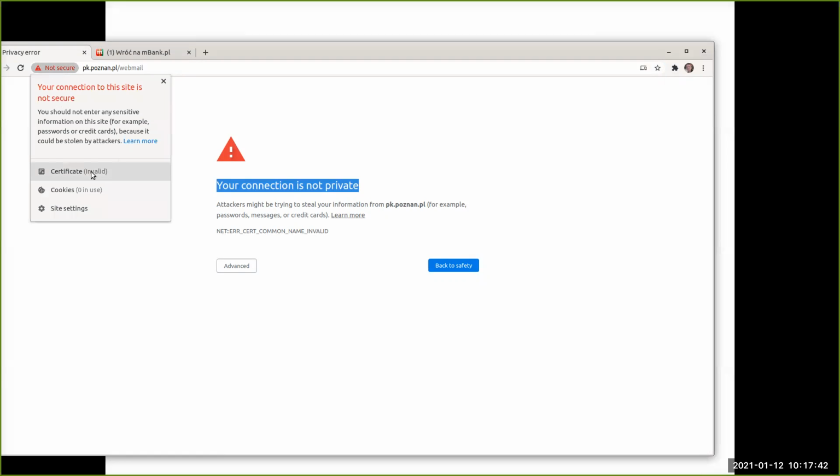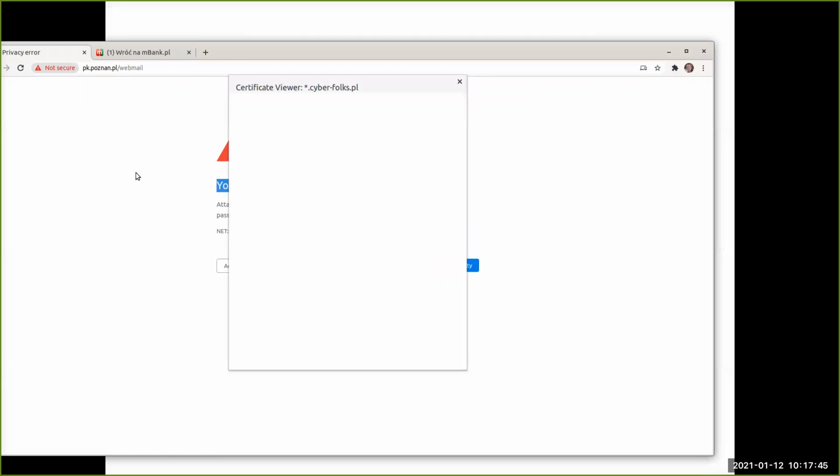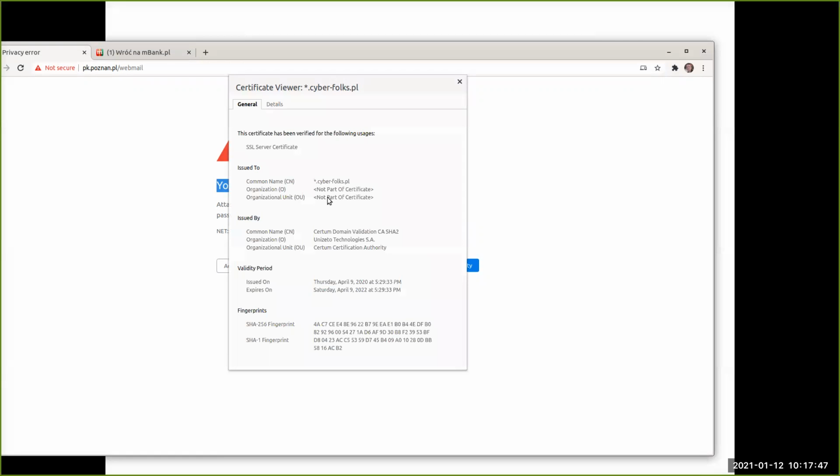It means that the certificate seems to be invalid because the CA, the certificate authorities, doesn't confirm that this certificate was issued for a certain domain. So in this case, there is a risk that someone modified it, or there is a man-in-the-middle attack.